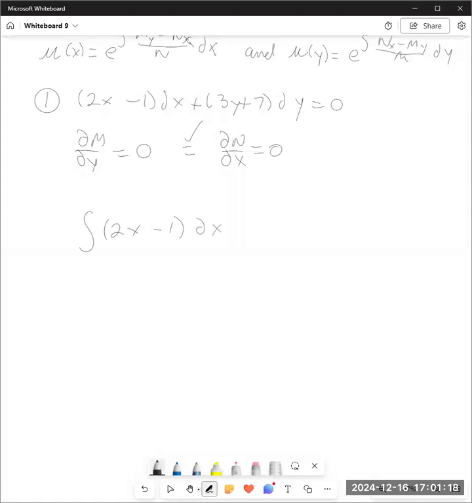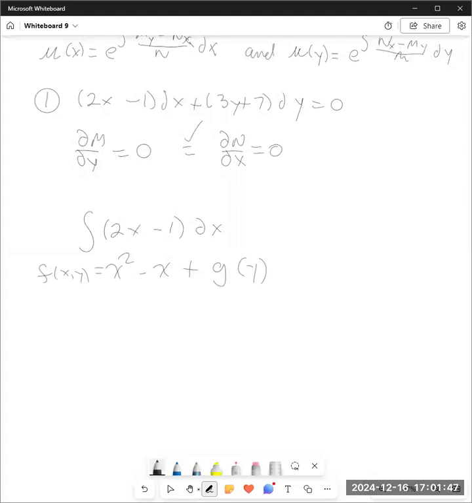This is going to turn into x squared minus x plus some g of y. It's not just going to be a constant this time, because if I have something that had just y's in it, when I take the partial derivative with respect to x, then all of those y's are going to go to 0. Hopefully you have learned about partial derivatives already.